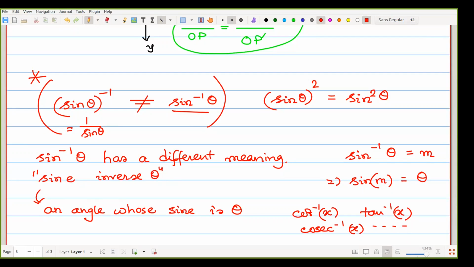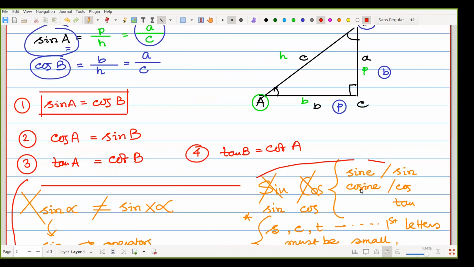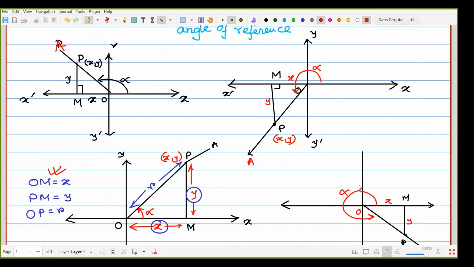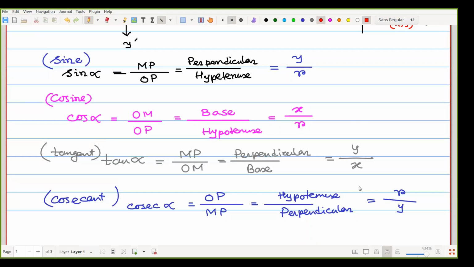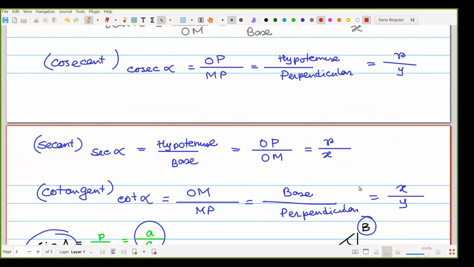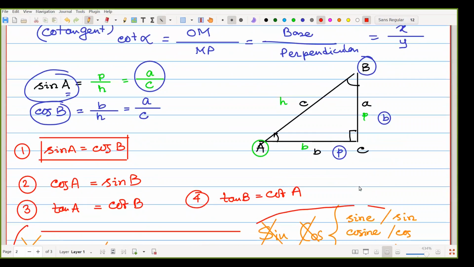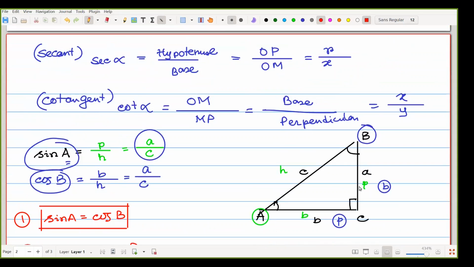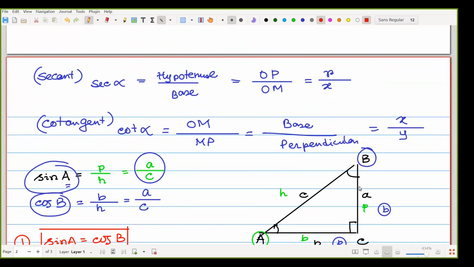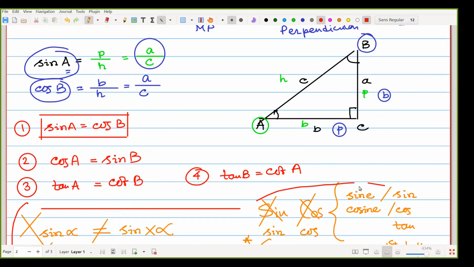From the very first one, I am once again saying how the sine, cosine, tangent, cosecant, secant, or cotangent are defined using the angle of reference and from the right angle triangle.